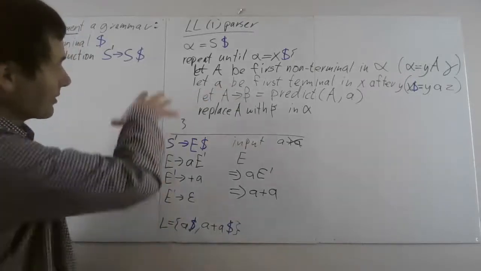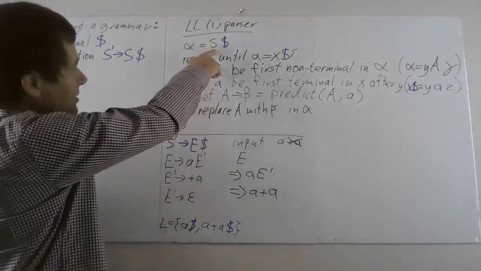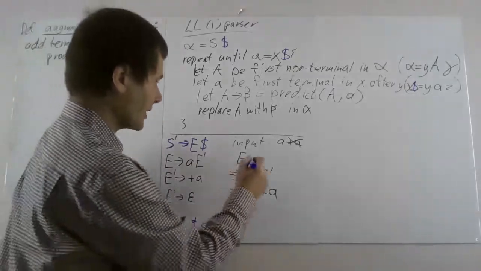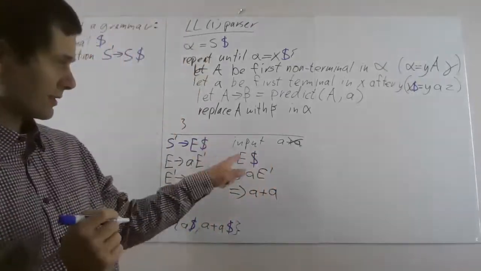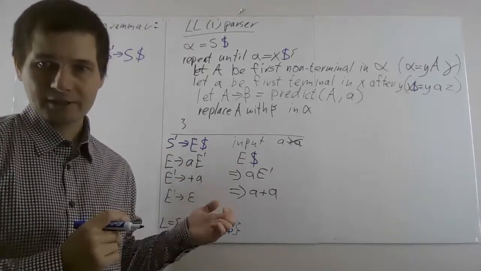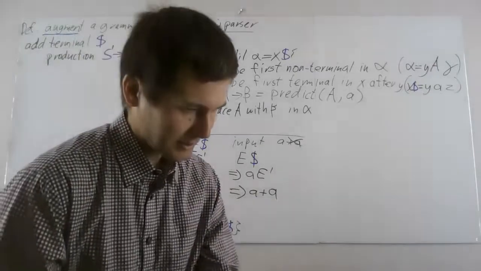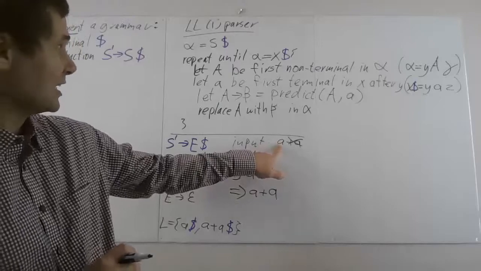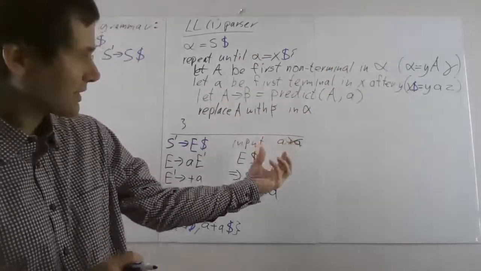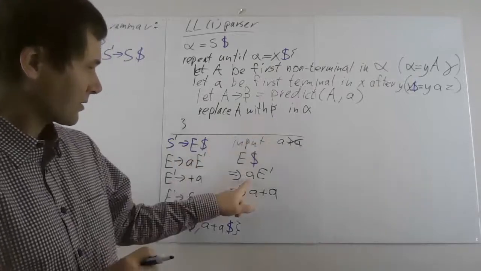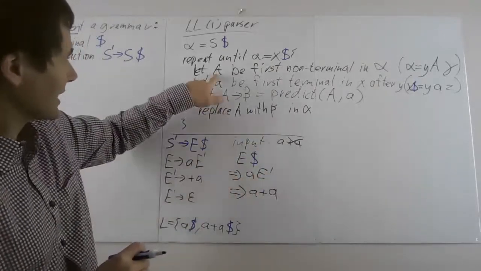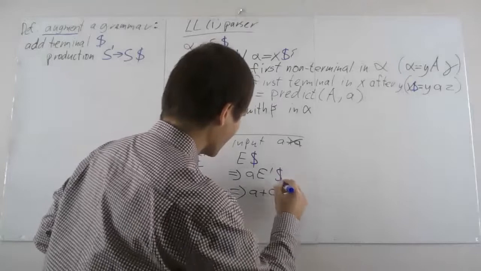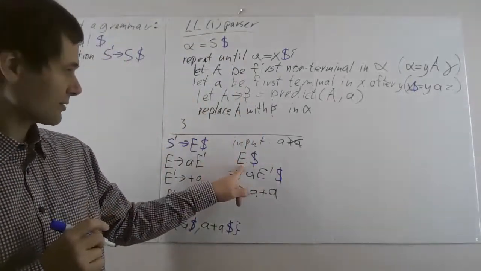So now if I run this algorithm instead, I'm going to start with the start symbol followed by $, which is E followed by $. So my alpha starts as E $. My input, let's say it's just A, but the algorithm is going to treat it as if it was A $. I should first do the first step.